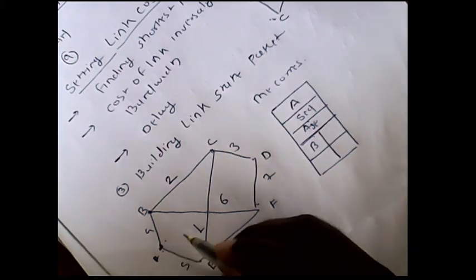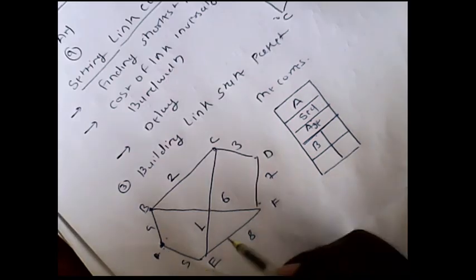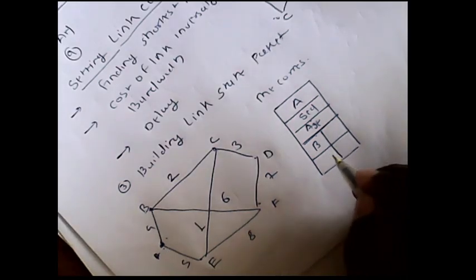Suppose I want to define the link state packet for router A. It consists of the sequence number, age and its neighboring connected nodes, B and E, and the cost of each path or metric.